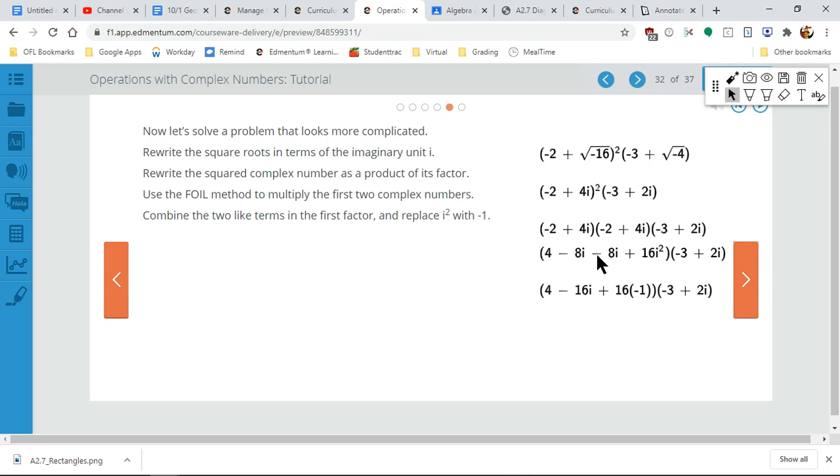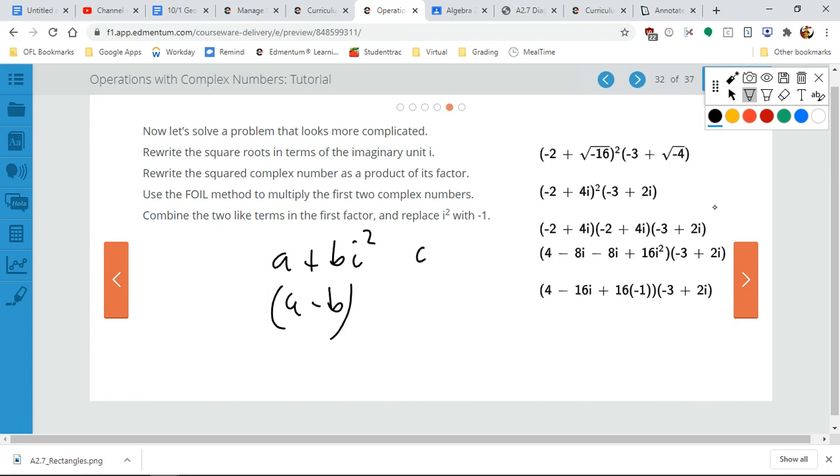Now, if you guys have trouble with this, just remember, get rid of your i squareds first. So it doesn't end up being that bad because you're only going to be left with a binomial. It's impossible for you to be left with anything except a binomial. Because let's say, for example, you have this. This is just going to be b minus a minus b, which is going to be its own number.